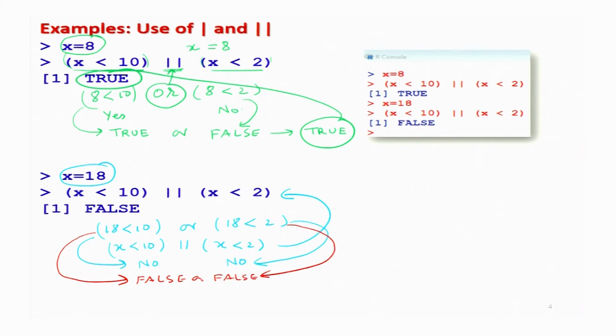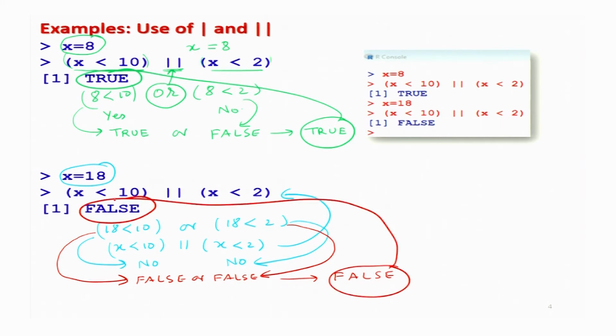When I combine these two statements, false or false, the answer is going to be false, because neither of the statements is correct. So, both statements are false, and this answer comes out false, and this false is given here.